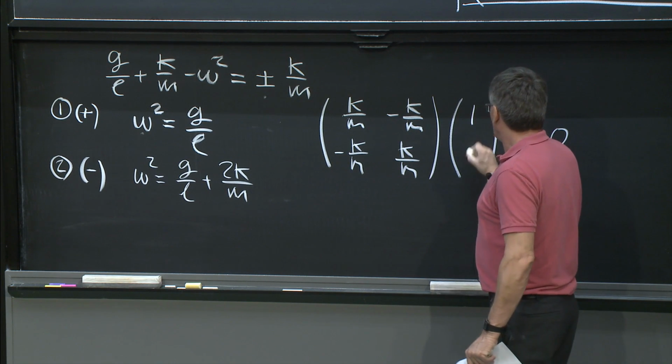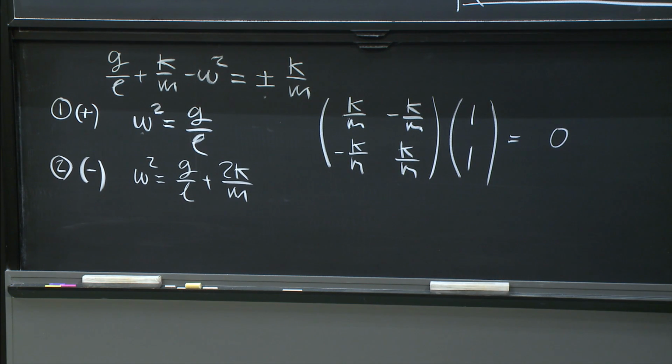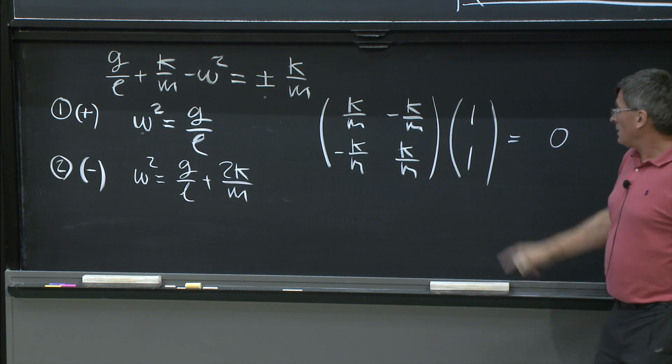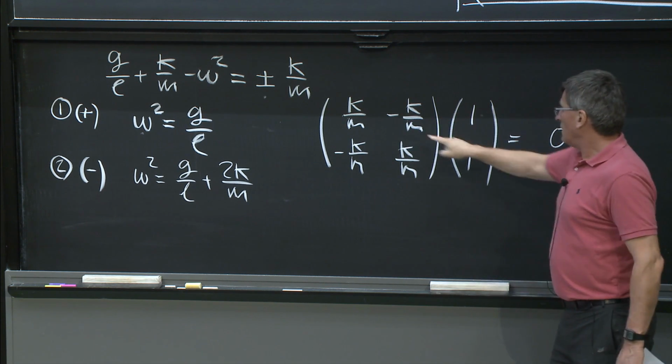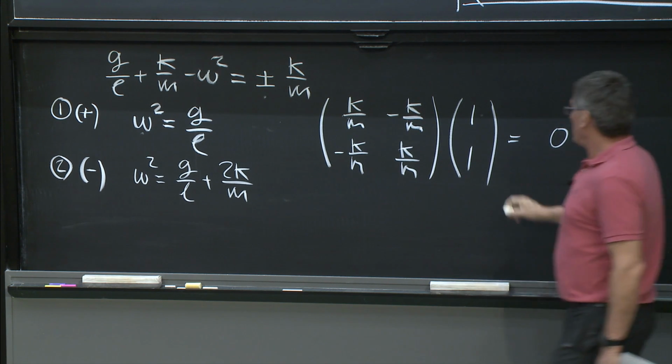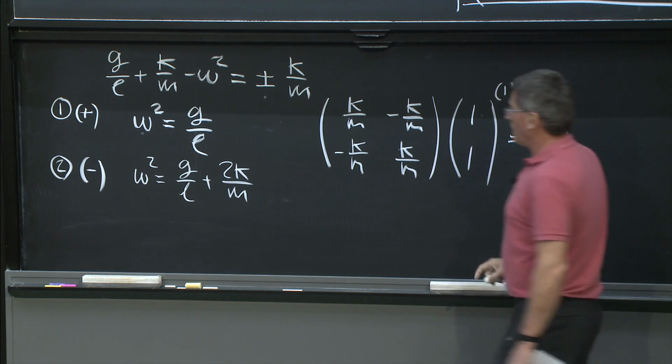So you plug one here and one here. This is a good solution, and every other solution is a linear multiple of this one for this frequency. K over M times 1 minus K over M gives you 0. So this is solution number 1.